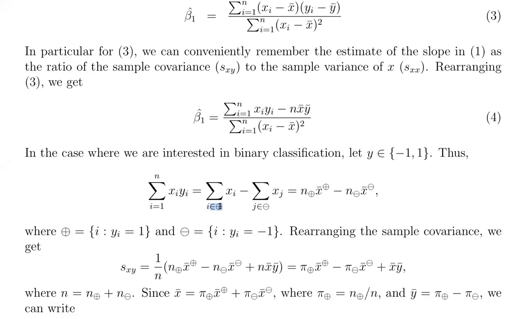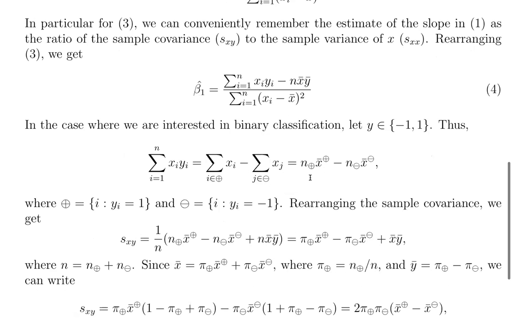Your i is indexing those values where their yi is positive 1, and this one is indexing those xj's where they belong to the negative class. But since for that yi is negative 1, when you sum, you get a part that is negative here. Furthermore, this one you can simplify.